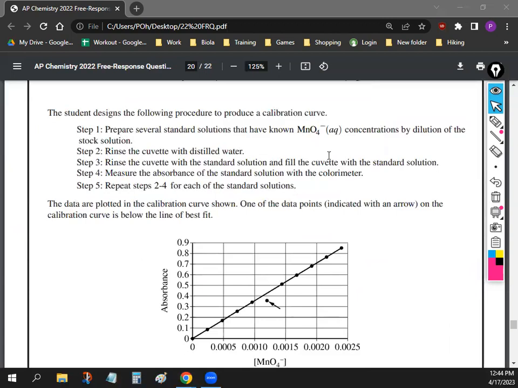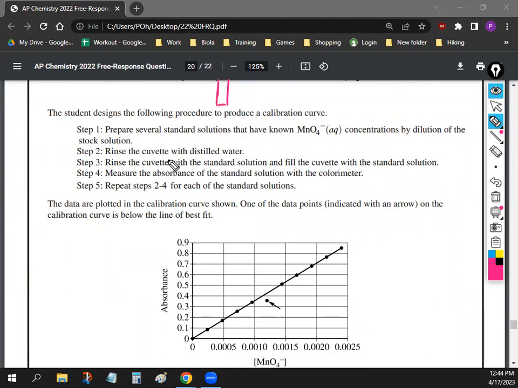Okay, so for this next part, it tells you the steps that the student is going to take. You make a couple standard solutions with dilution, and then you get something called a cuvette, which is basically just a little container that looks like this. First, you rinse it with distilled water, then you rinse it with the standard solution, the compound that you're using, and then you fill it up.